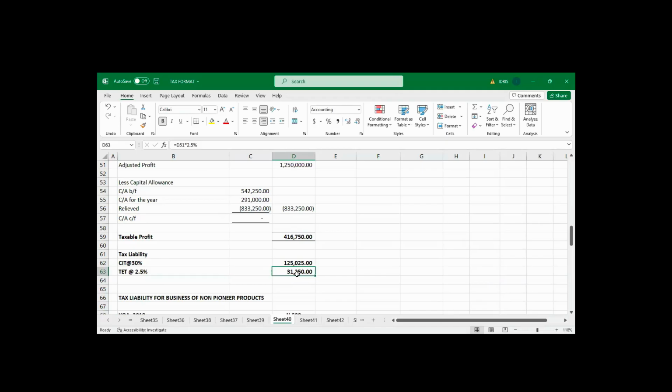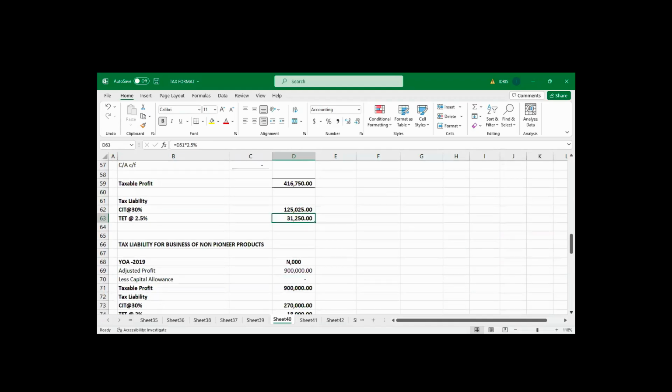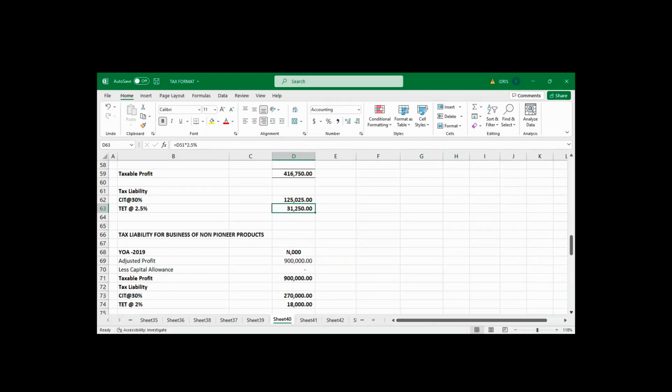The second tax liability you compute, my people, is tax on non-pioneer products. That is the important element. Tax liability on the non-pioneer products.